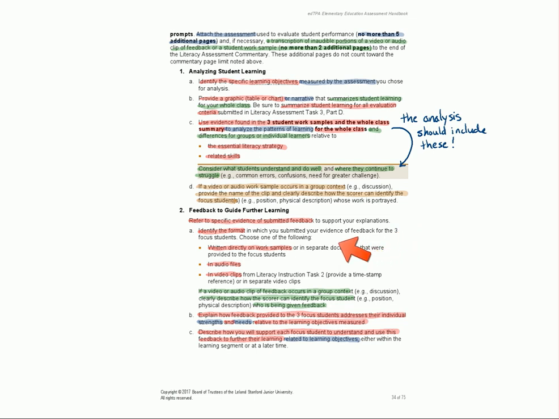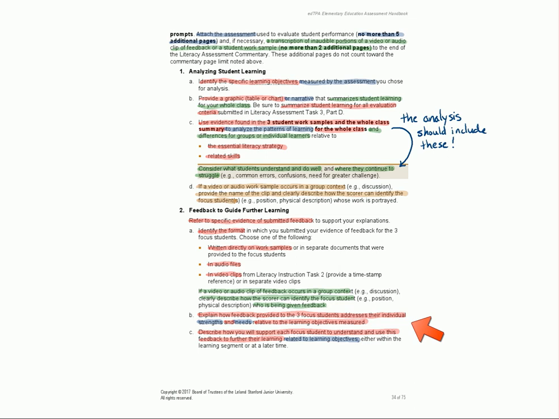So you need to state which form you are using. Okay? So written on the work samples, audio files, or video clips. And again, if you're using video or audio, you need to help the reader or the viewer or the listener know who you're talking about, who are the focus students.